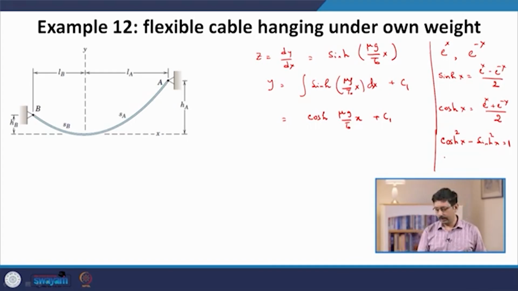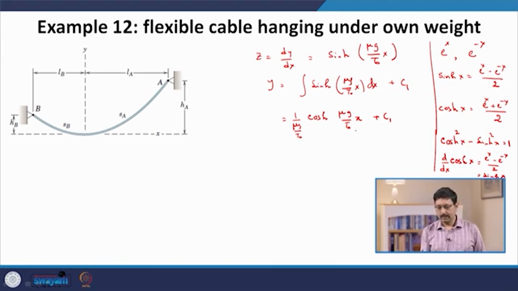You can also check that if you calculate the derivative of cosine hyperbolic, you get (e to the power x minus e to the power minus x) by 2, which is equal to sine hyperbolic x. So, if you integrate sine hyperbolic back, you will get a cos hyperbolic, and there must be a constant, so this is cos hyperbolic of some constant times x. By chain rule you get this constant.